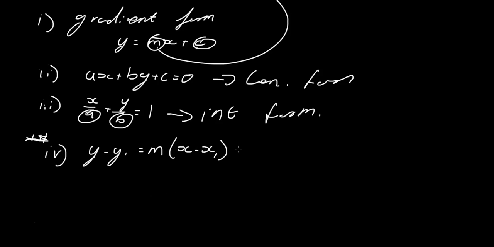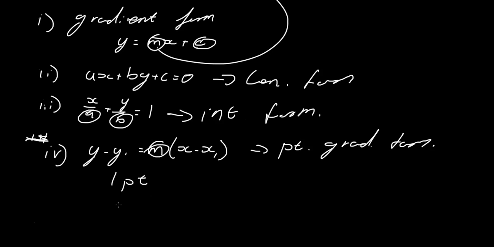So this form is called the point gradient form, and you would typically use this when you're given 1 point and you're given or can calculate the gradient. And then once again you can rearrange this equation into any form you like with some algebraic manipulation.